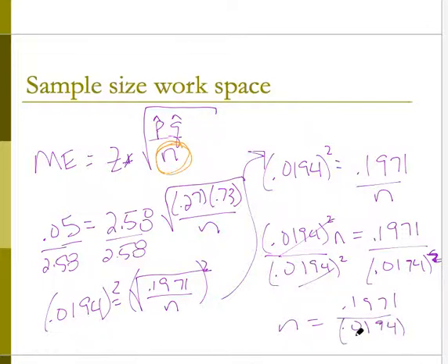We can never have a decimal when we're talking about sample size because we can't have a part of a person. So when we get that out, I don't know what the decimal was, but I rounded it to the next whole number. 524 would have to be my sample size to have a 0.05 margin of error and a 99% confidence interval.